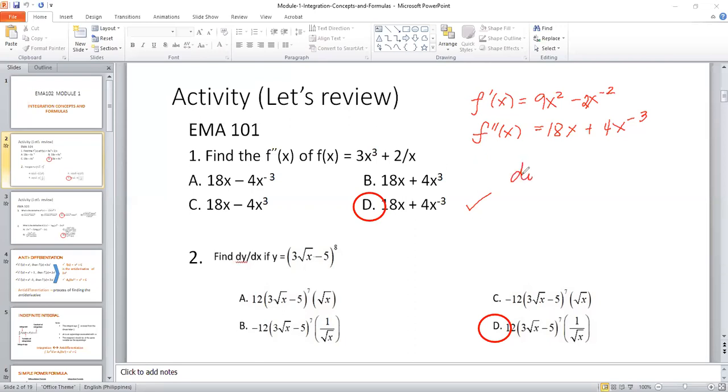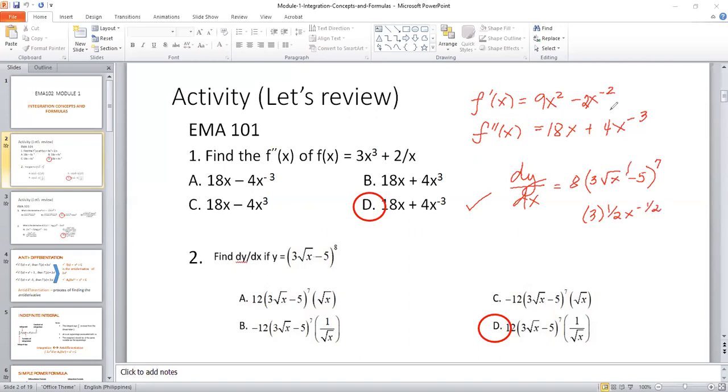So dy/dx, the derivative of y with respect to x, is equal to, using the power rule followed by the application of the chain rule, 8 times 3 square root of x minus 5, raised to 7. But that doesn't stop there because we need to get the derivative of this. So we multiply, I'll place it here below, 3 by 1/2 x raised to negative 1/2.